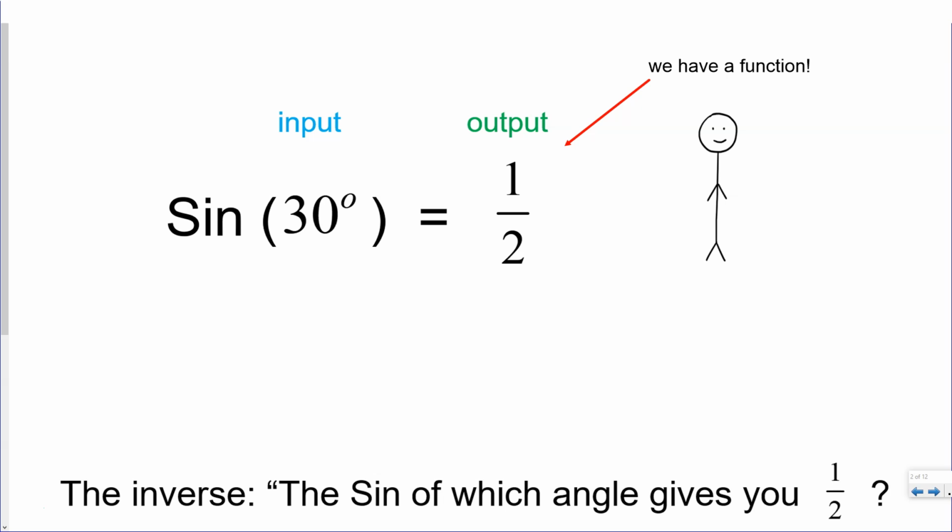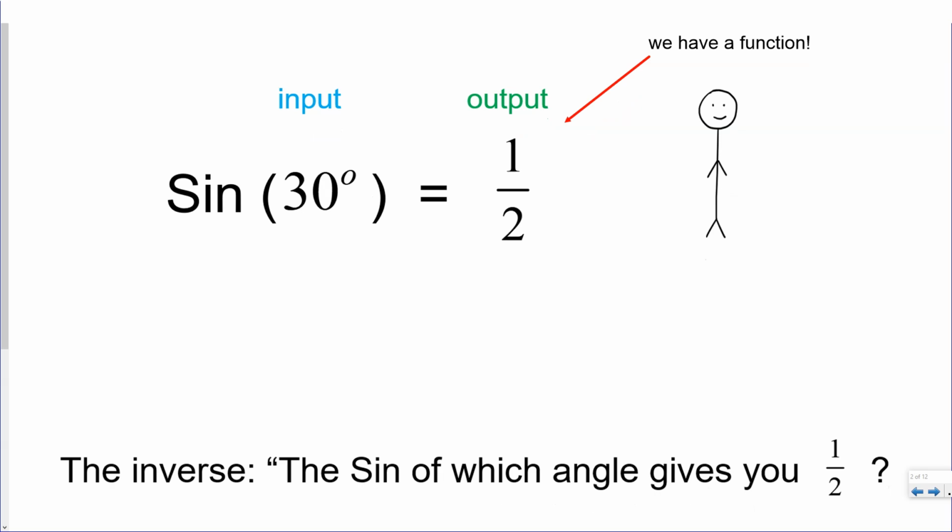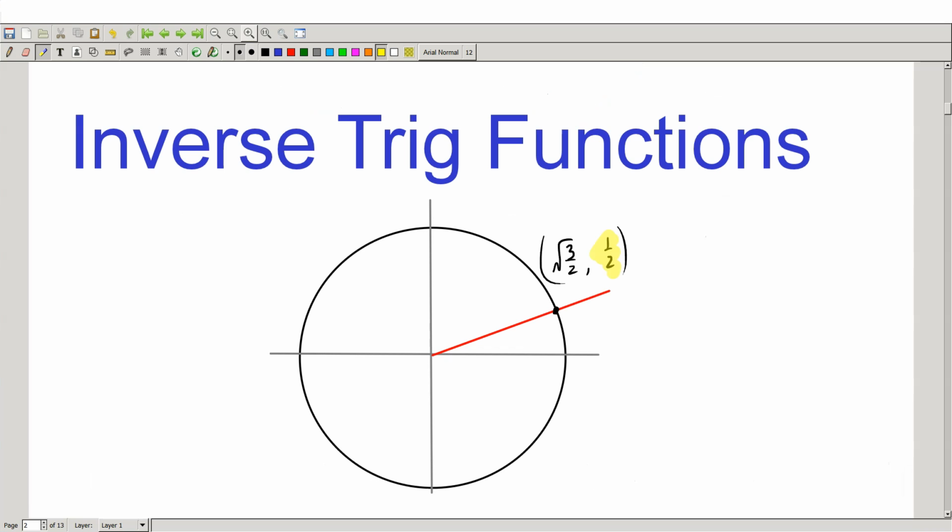Notice in this case, this is clearly a function, because we have one input and one output. The inverse would be saying something different. The inverse would be saying something like, the sine of which angle or angles give you 1/2. Let's write this down first. The sine of 30 degrees is 1/2.